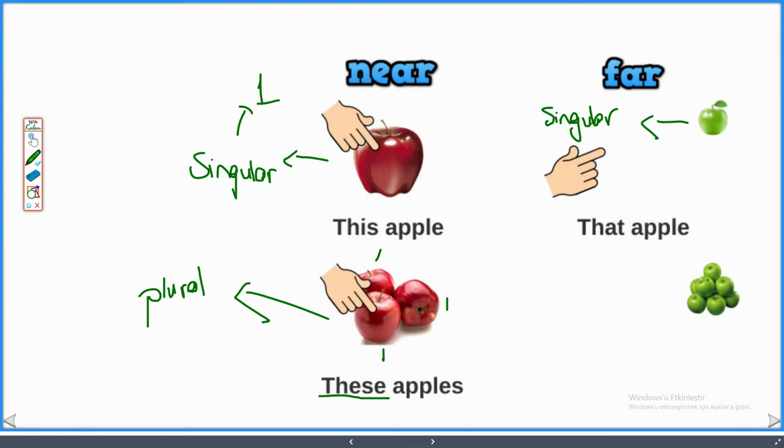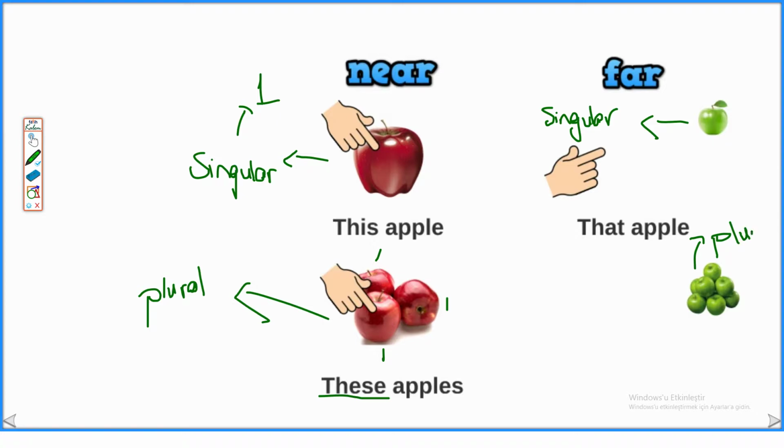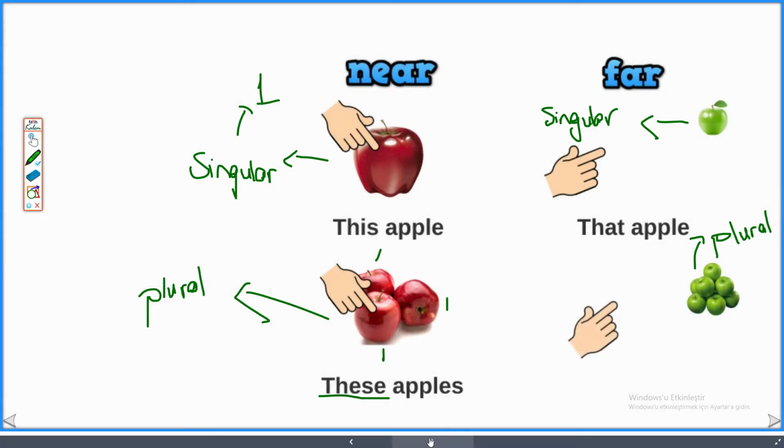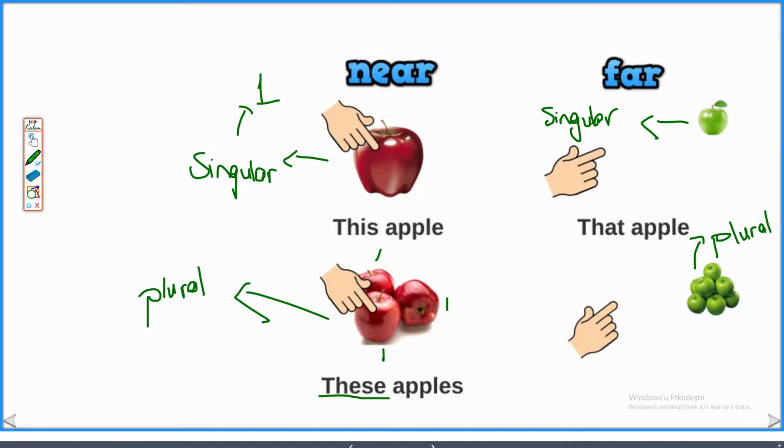And we have 1, 2, 3, 4, 5, 6, 7 apples, and this is also plural, and it is far.